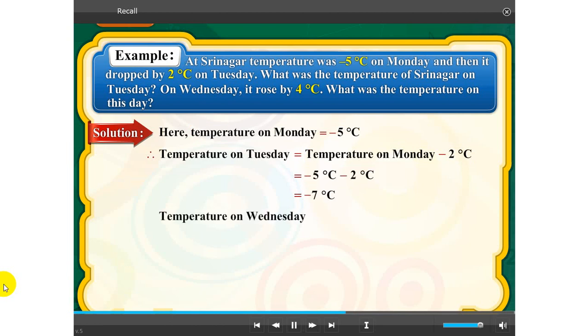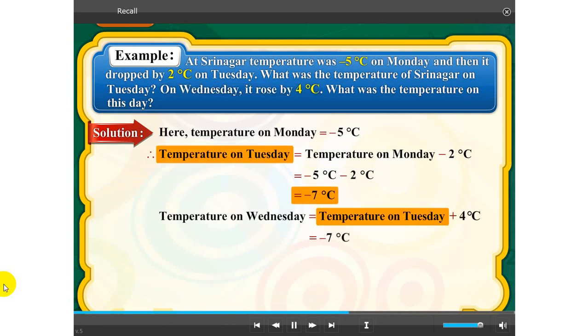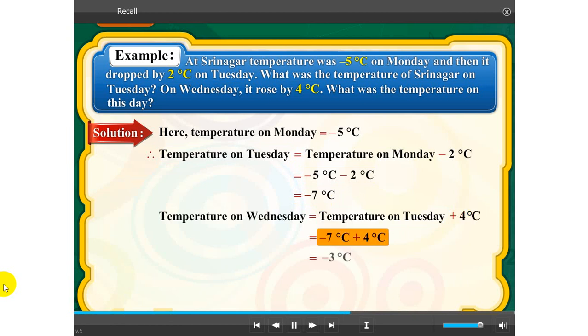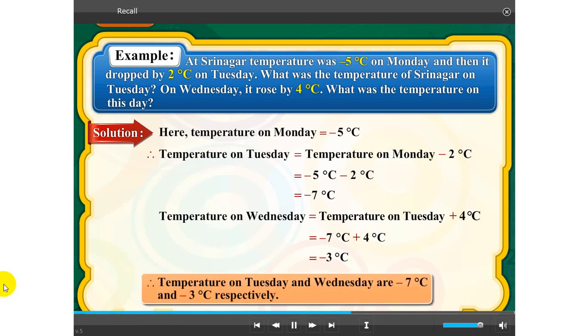And temperature on Wednesday is equal to temperature on Tuesday plus 4 degrees Celsius, which is equal to minus 7 degrees Celsius plus 4 degrees Celsius, which is equal to minus 3 degrees Celsius. Therefore, the temperature on Tuesday and Wednesday are minus 7 degrees Celsius and minus 3 degrees Celsius respectively.